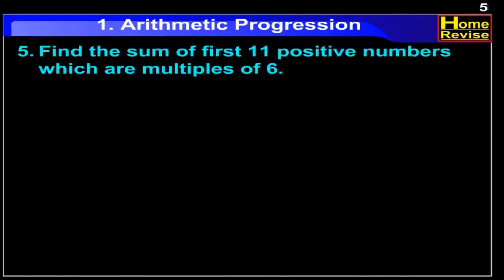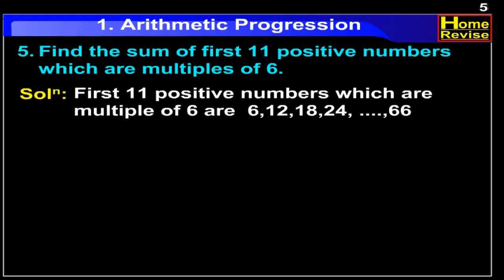Find the sum of first 11 positive numbers, which are multiples of 6. Solution. First 11 positive numbers, which are multiples of 6, are 6, 12, 18, 24, and so on up to 66.